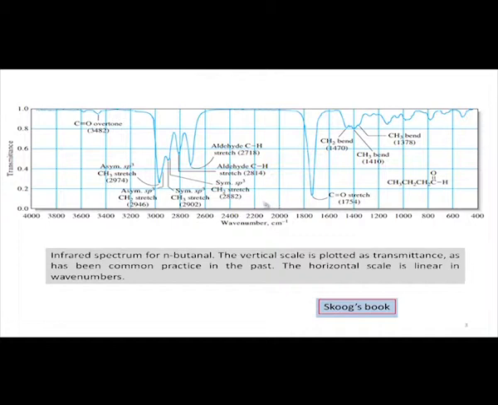Any textbook will cover all these bands and the characteristic ones, but just look at the range of the axes. On the x axis we are plotting wave number in centimeter inverse, from 4000 to 400, which is the standard range of IR spectra, and on the other axis we have transmittance, so this is the transmittance mode.